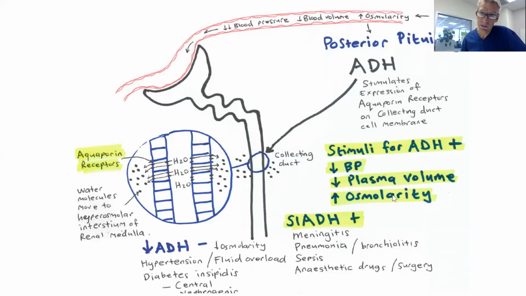And it's secreted in response to many normal stimuli, such as low blood pressure or low plasma volume or increased osmolarity. But antidiuretic hormone is also stimulated in a variety of different clinical situations, particularly in meningitis or in pneumonia or bronchiolitis, in children with sepsis, and after an anesthetic or after surgery.